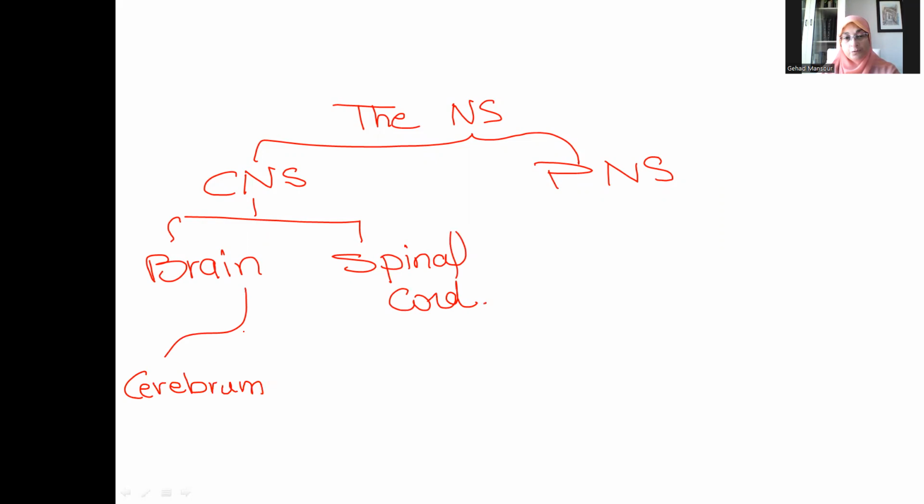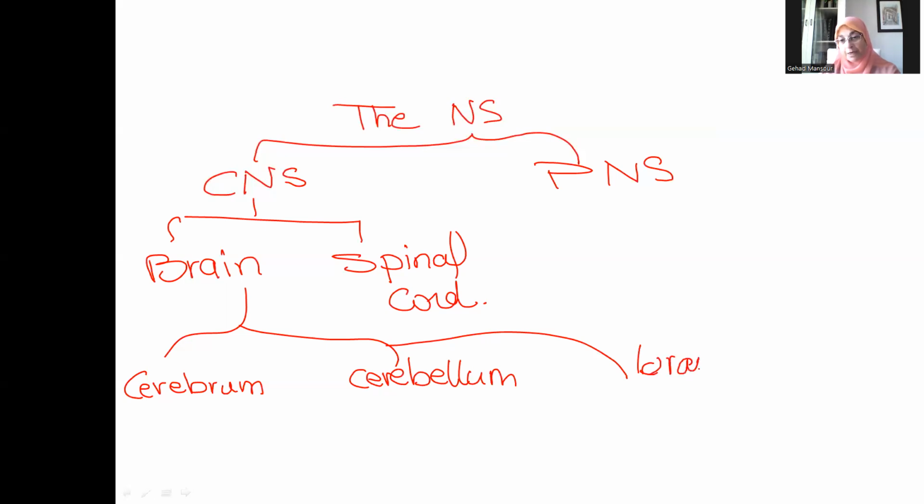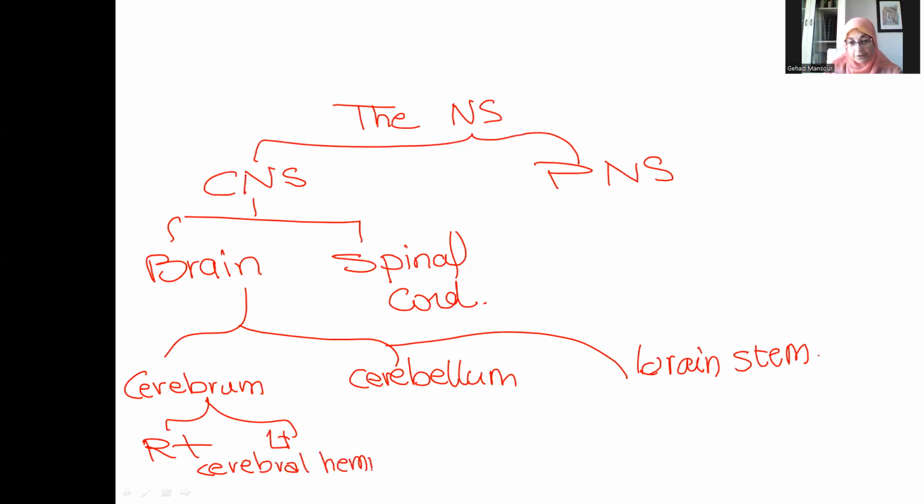And in addition to the cerebrum, we have the cerebellum, which is now considered a separate part of the brain because of its importance, as well as the brain stem. And the cerebrum consists of right and left cerebral halves or cerebral hemispheres.